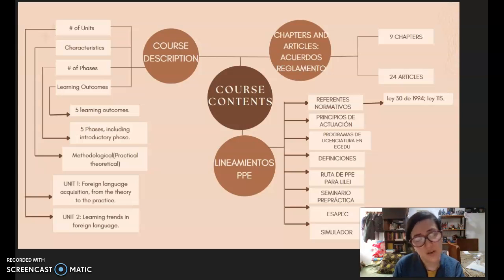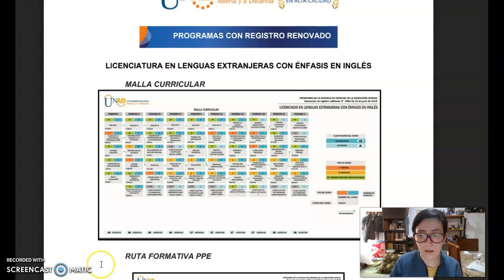They talk about the nature of courses, some of them methodological, some practical, and some of them both. They also talk about the teacher to be. What is a teacher to be? Basically, it's the student of a bachelor. And they also talk about the practice route for every bachelor degree, every career.